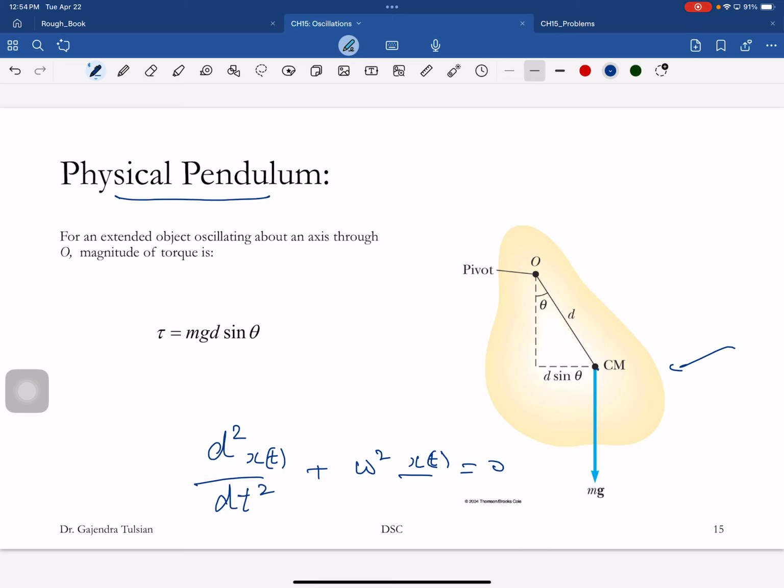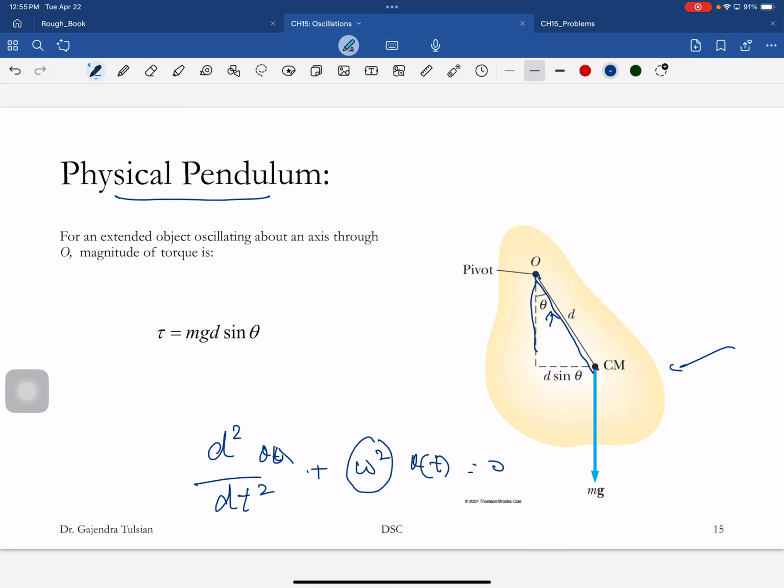For the physical pendulum, you measure the configuration using the angle theta, between the vertical and the line from the pivot point to the center of mass. So you replace x(t) by theta(t). The same equation is governing it.